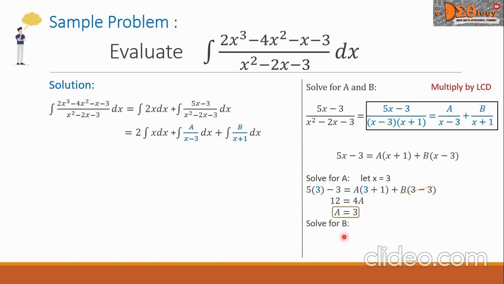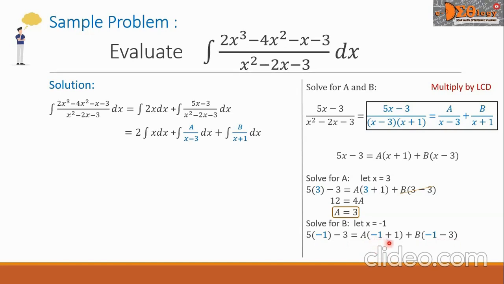Let us now solve for B. Looking at our working equation, let us think of a value of x that would eliminate A. So we let x be negative 1. Substituting negative 1 for x, we will have 5 times negative 1 minus 3 equals A times (negative 1 plus 1) plus B times (negative 1 minus 3).